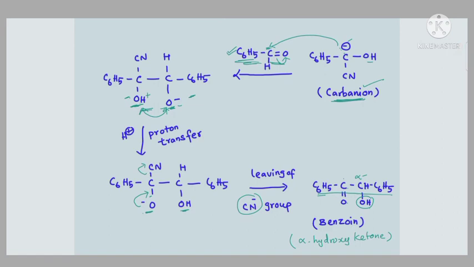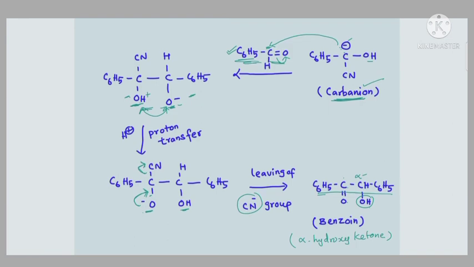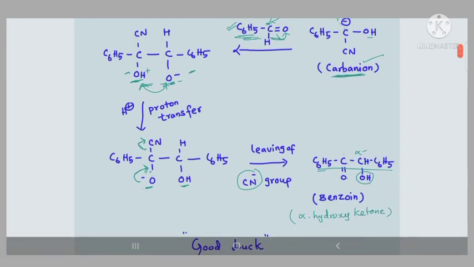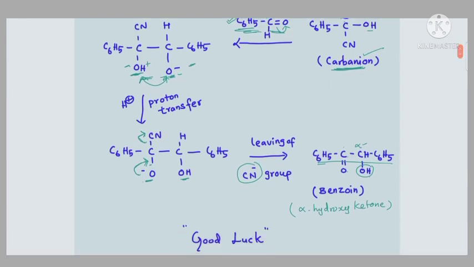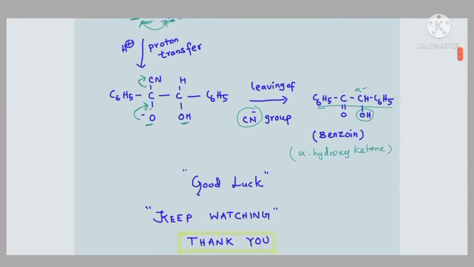The driving force is the electron-rich oxygen: its excess electrons move between carbon and oxygen, forming a new double bond. By that time CN takes up this bond pair and goes outside as CN minus ion, resulting in formation of an alpha hydroxy ketone, which is benzoin. I hope you understood the mechanism of benzoin condensation.